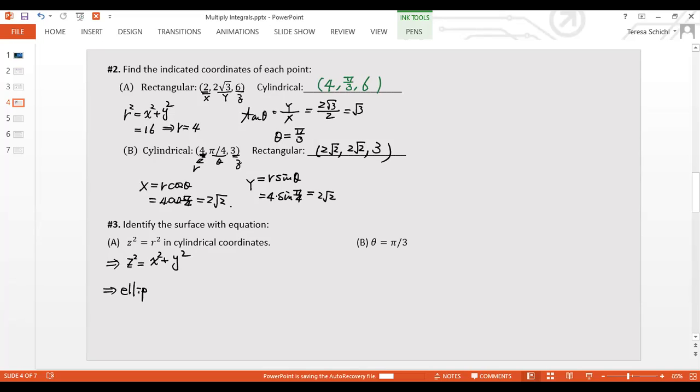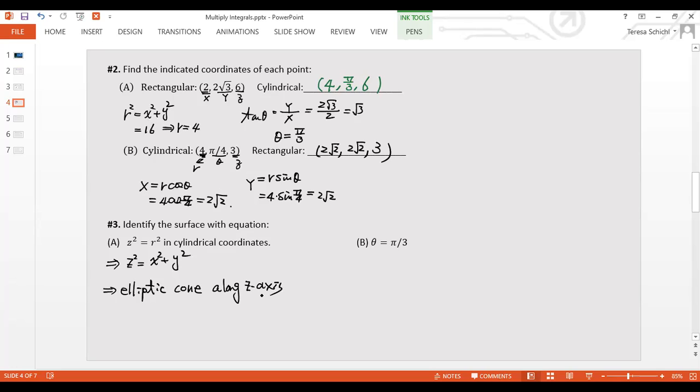If you go back to our previous unit, the vector space and geometry, you will find this is an elliptical cone. And this cone is along which axis? This is along the z-axis.